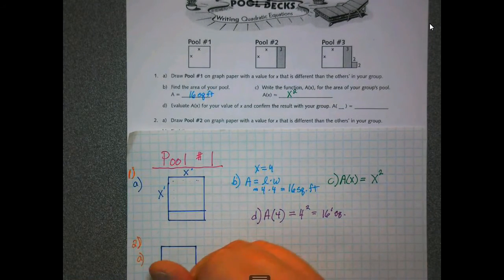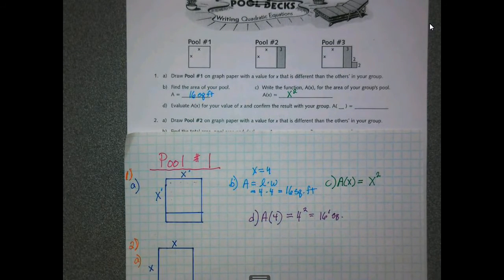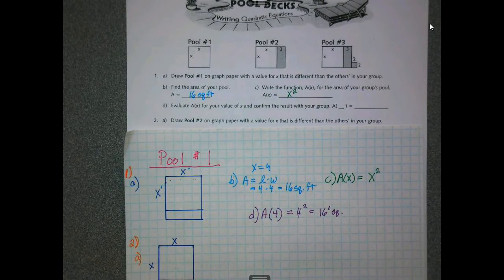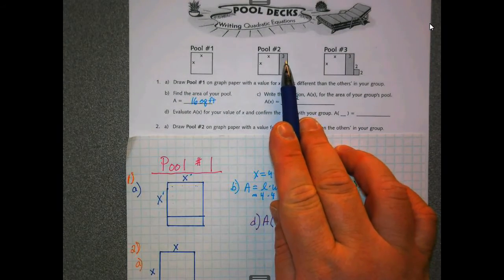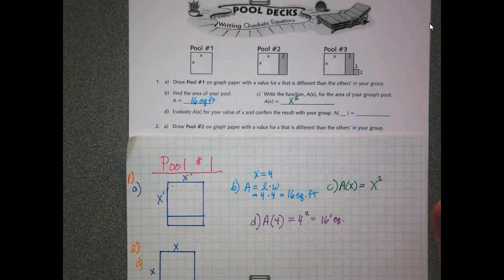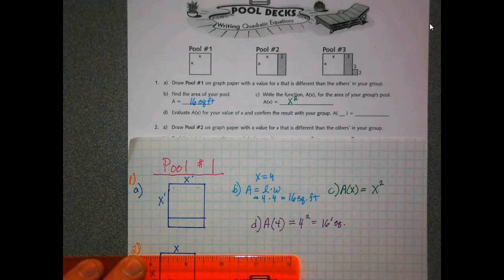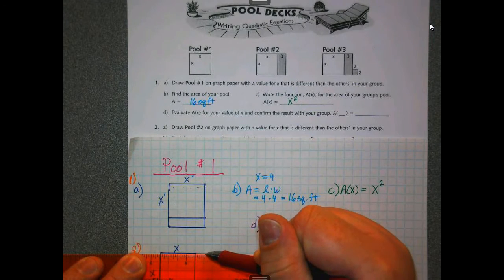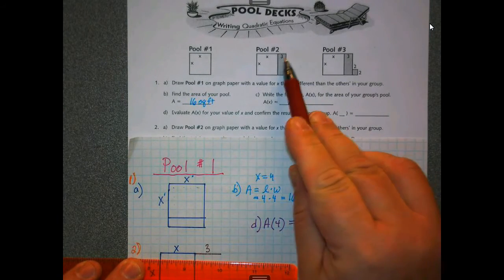So it's x by x. Now they want me to add a deck, and they want it to be 3 feet, or whatever unit you use. So here's my deck. 1, 2, 3. So there's my 3, what they want.